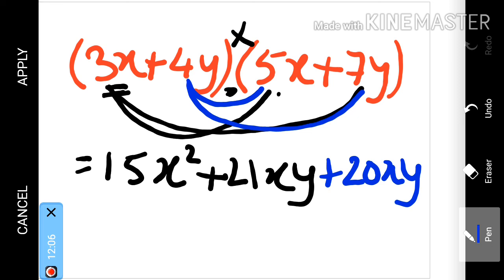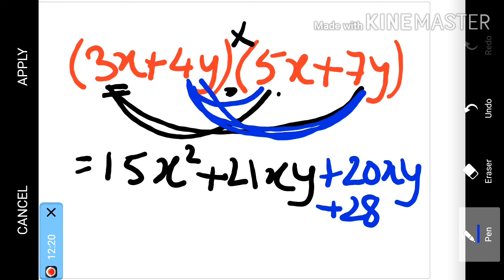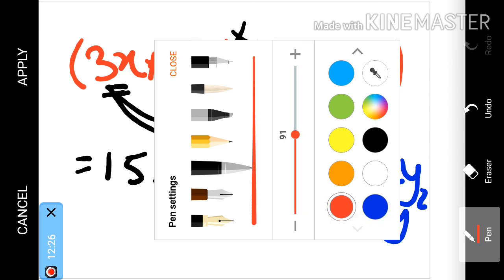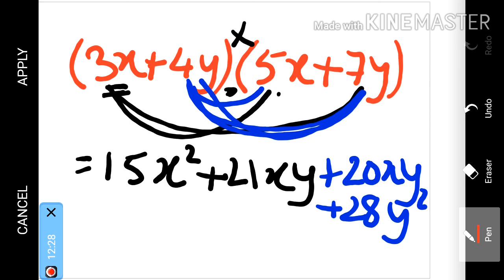Here xy or yx is going to be the same. Plus 4 7s are 28. Y into y is going to be y square. Correct?